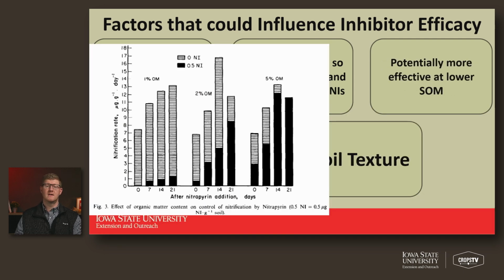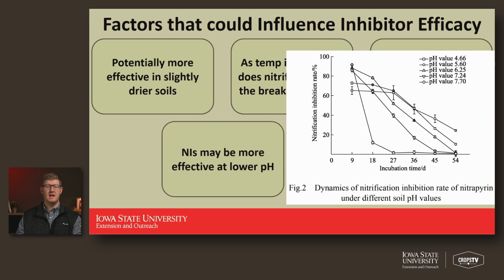Soil organic matter. So some inhibitor products can bind to the soil particles. So it's possible that some inhibitor products are less effective at higher organic matters, or to put it differently, more effective at lower organic matters. Soil pH. There's evidence that shows that inhibitors may be more effective at lower pHs.